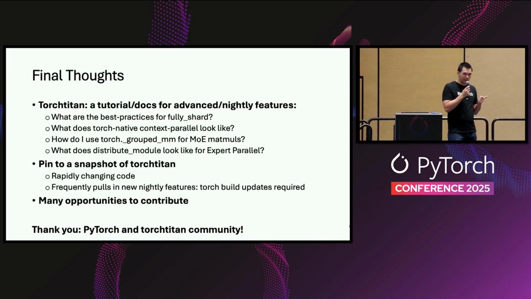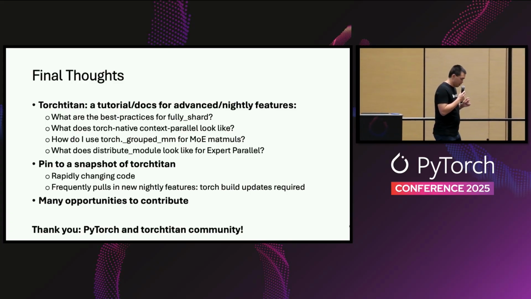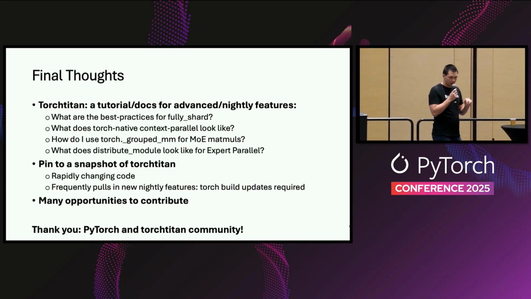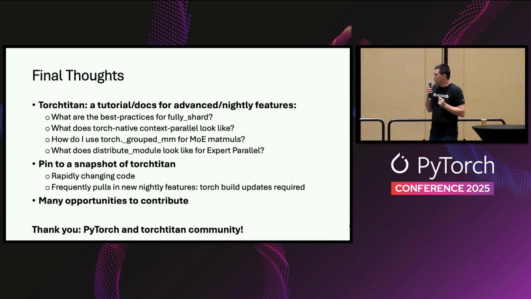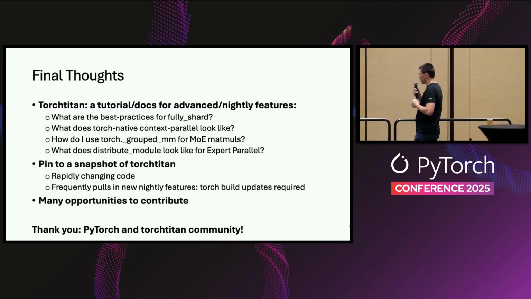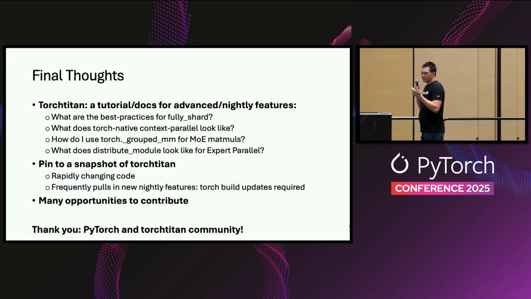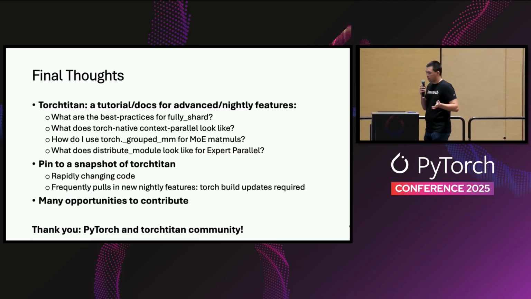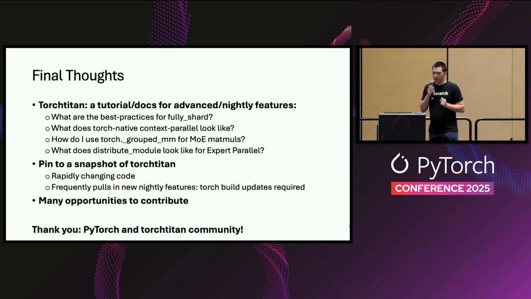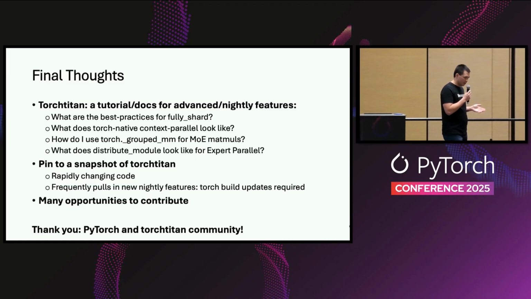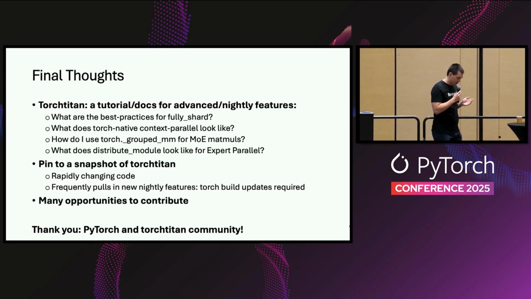And not just in isolation with some tiny snippet that might not give you all the context you need. You see how they're used in a full end-to-end code base. Some examples of this: one, what are the best practices for the fully shard API? There's a lot of flags here. It's not necessarily obvious how to use them.